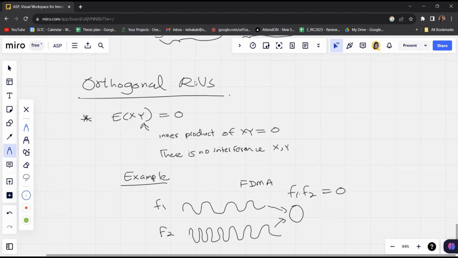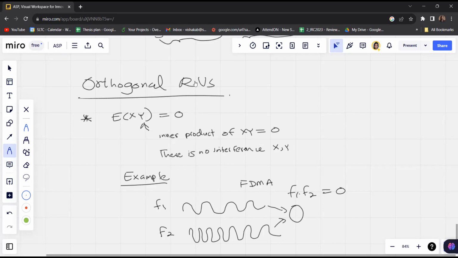In OFDM, for example, and in FDMA as well, we use these orthogonal frequency bands to transmit different messages and transmit the signals to each of the different users.